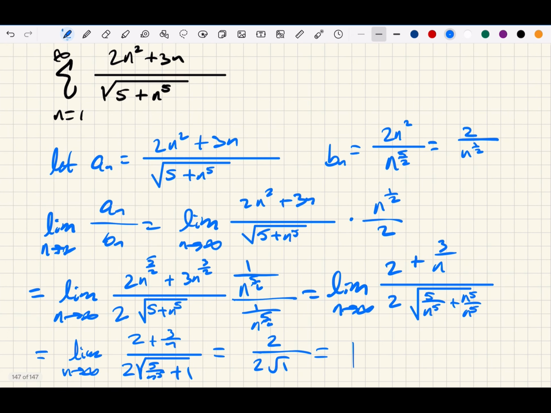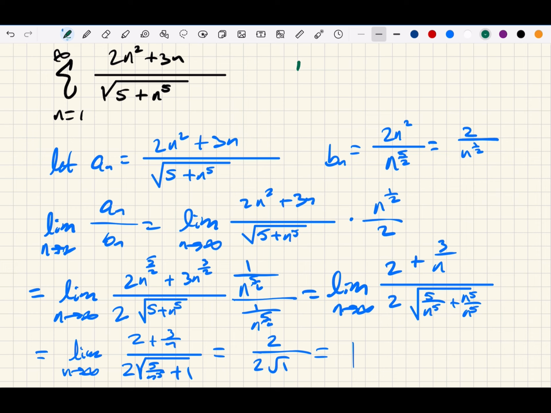I know exactly what's going on here, right? I know that 2 over n to the 1/2 diverges. Oh, but wait, I have not established that yet, have I? All I've done is say that I'm going to let b sub n be equal to that, but I haven't said why I'm going to let it be equal to that, or what the significance of that is at all. So I'm going to need to establish that.